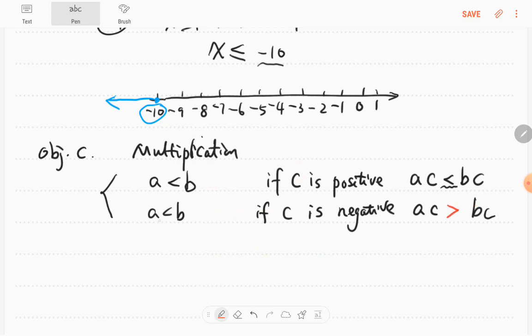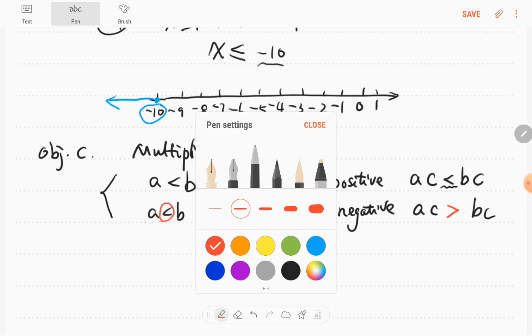So we will say the inequality sign changes the direction. So it is reversed. Okay? A less than B. If C is negative, then AC is greater than BC. Make sure you memorize. It's not like the addition rule.